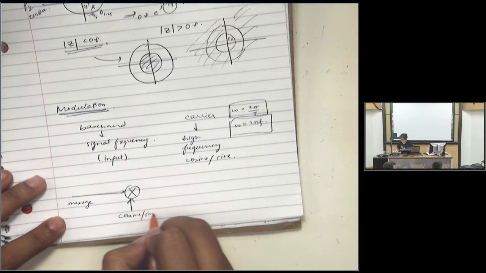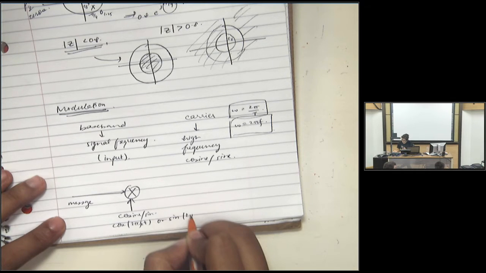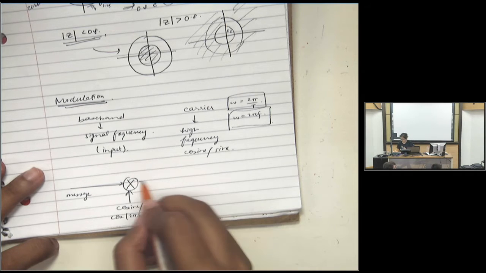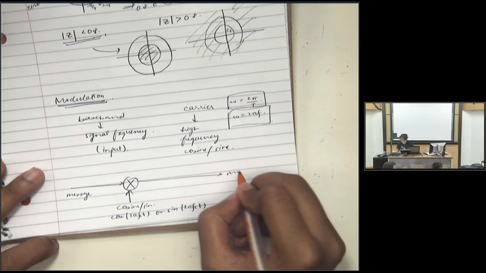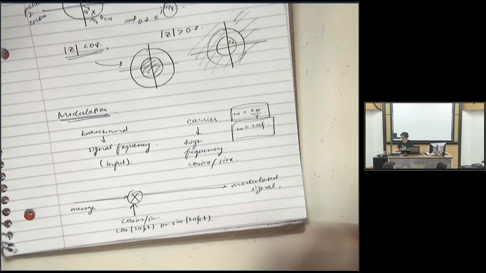You'll have cos 2 pi fct or sine 2 pi fct, where my frequency is fc, the carrier frequency. The output that I have is my modulated signal, which I then transmit. That's the basic idea of modulation.